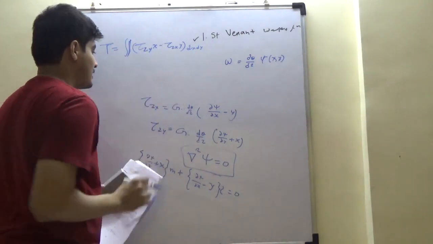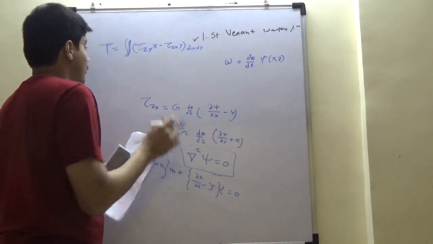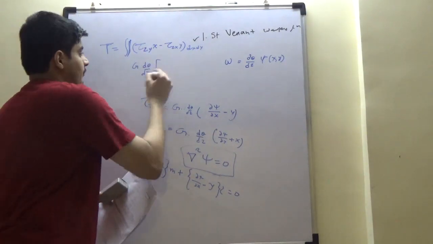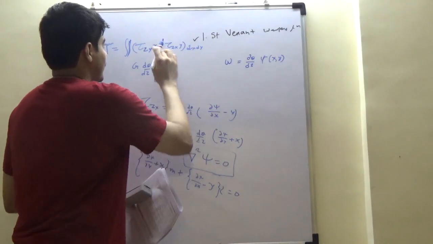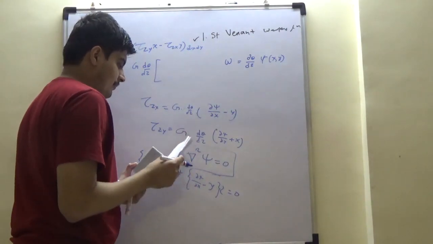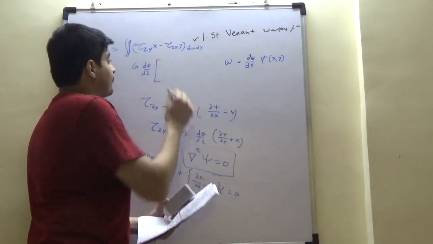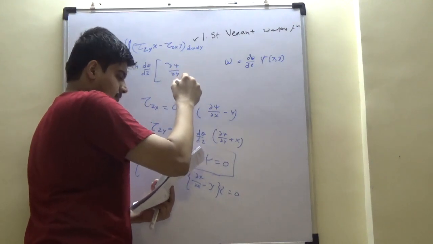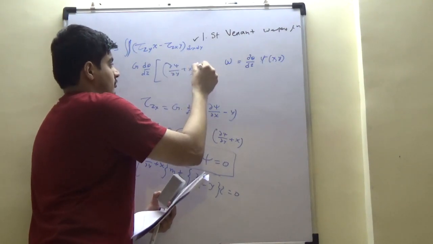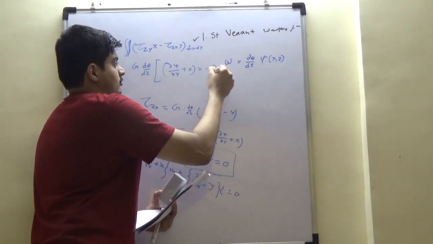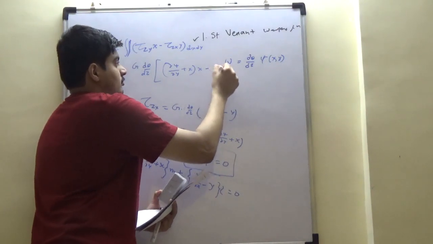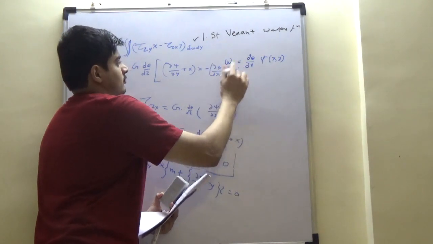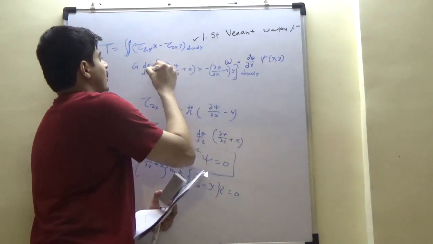If I now substitute these parameters from here, what I am left with is G d theta by dz, which is constant, which is going to come out, del psi by del x into x dx dy, right? And similarly, the same for the other term.